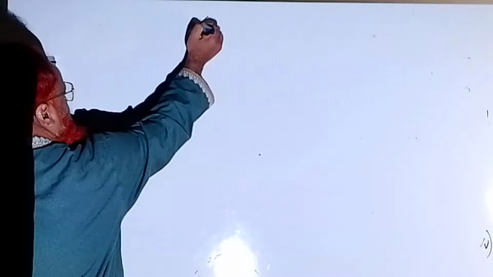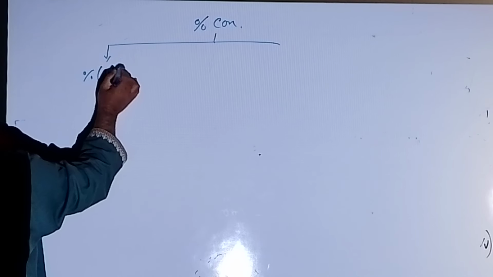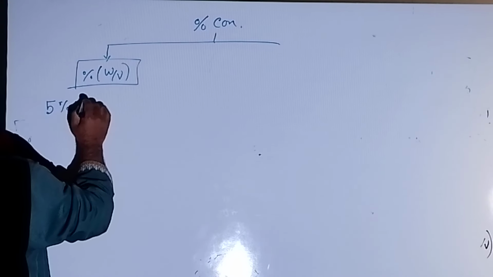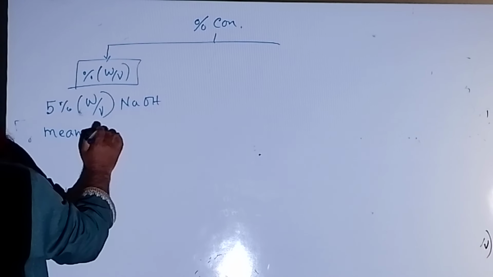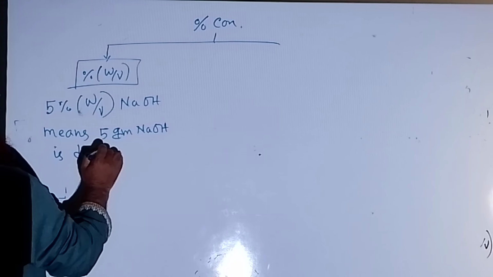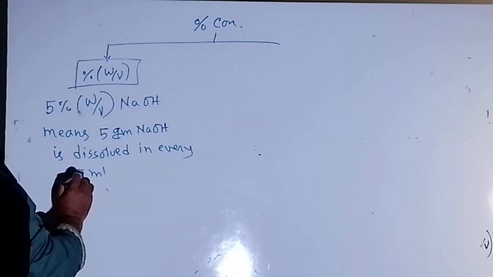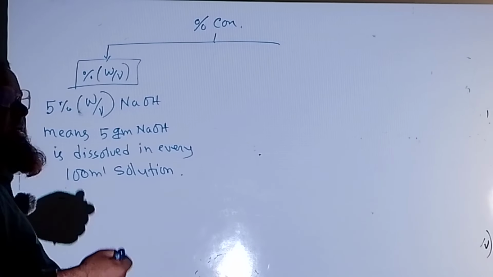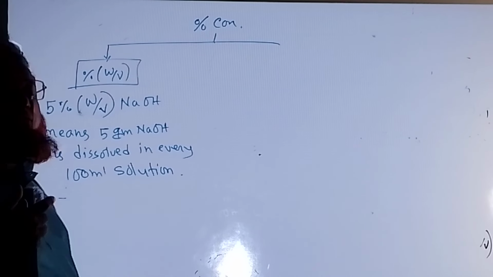For example, we can express percentage concentration as W by V. For example, 5% W by V sodium hydroxide means 5 gram sodium hydroxide is dissolved in every 100 ml solution. So look here, my dear student, 5% W by V means 5 gram sodium hydroxide is dissolved in every 100 ml solution.